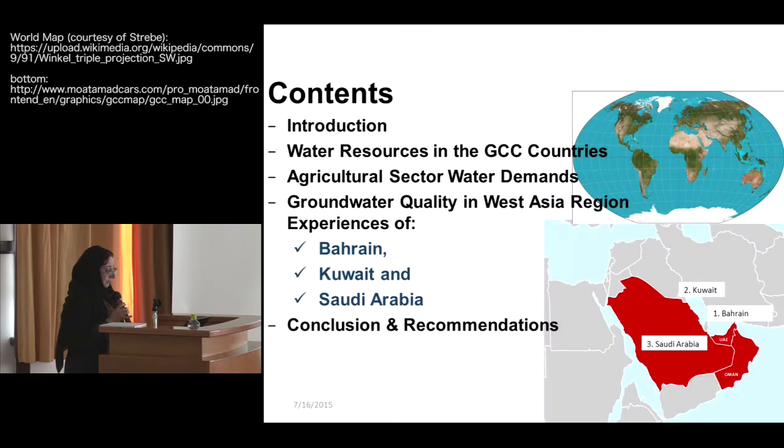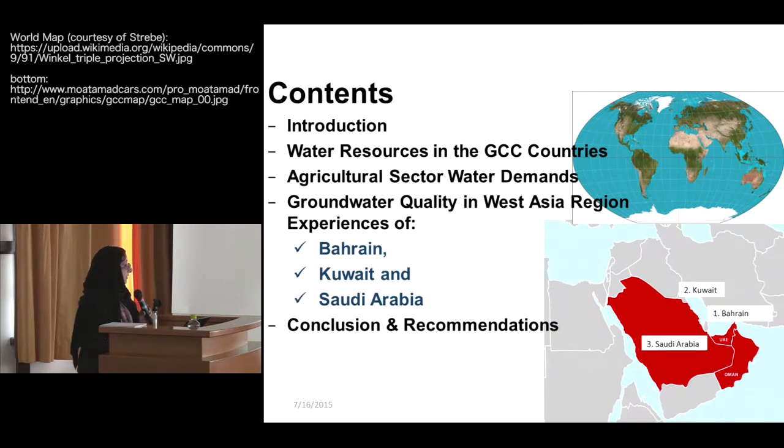West Asia region is this region. It's a classification of the UNEP, and we are, as a university, a collaborating center for UNEP, so that's why that classification. And the GCC countries are 6 countries from West Asia: Bahrain, Kuwait, Saudi Arabia, Qatar, United Arab Emirates, and Oman.